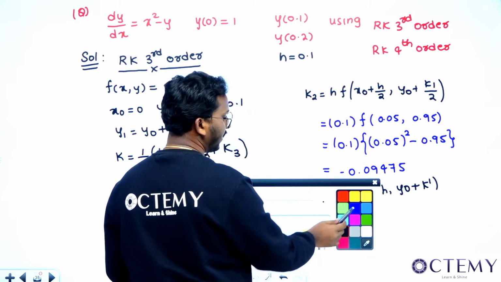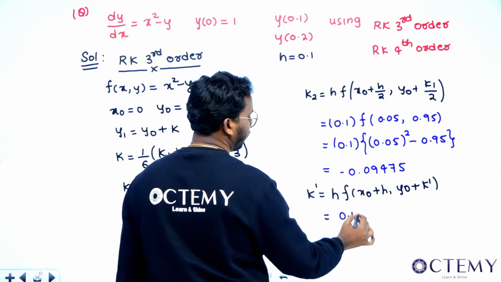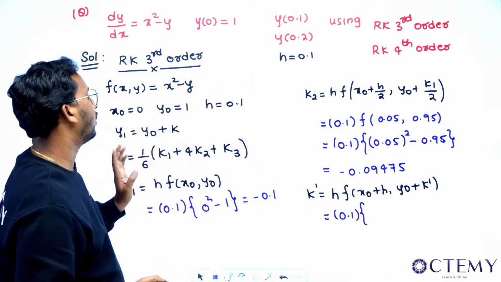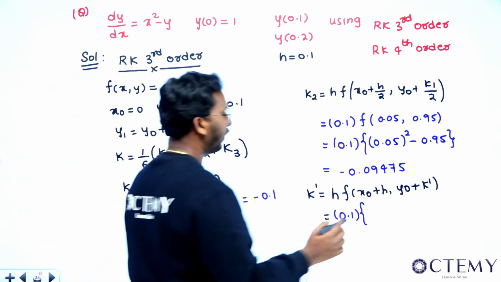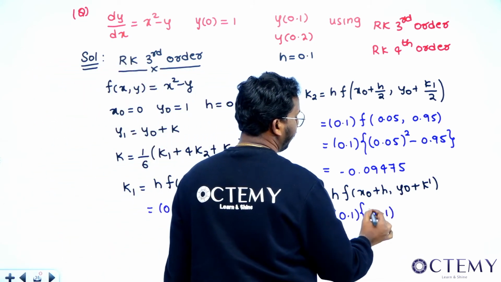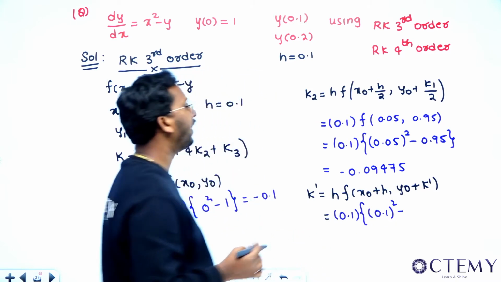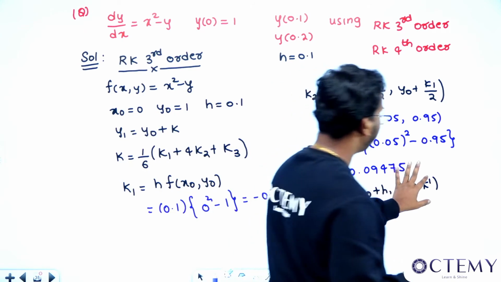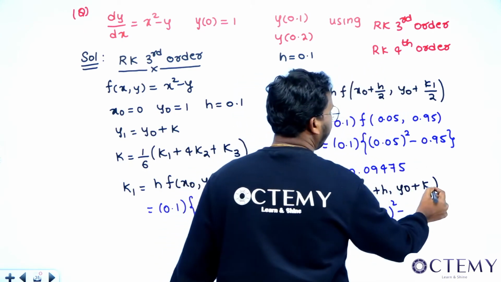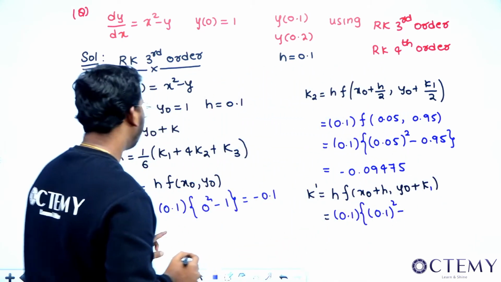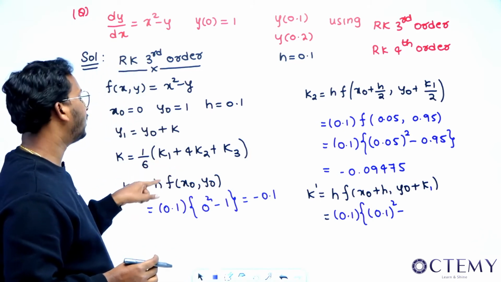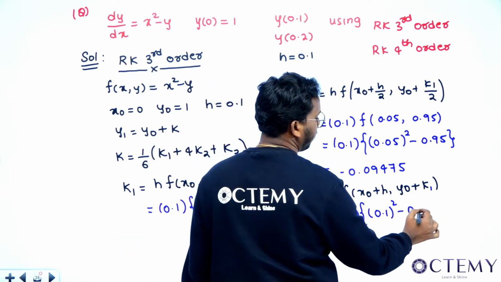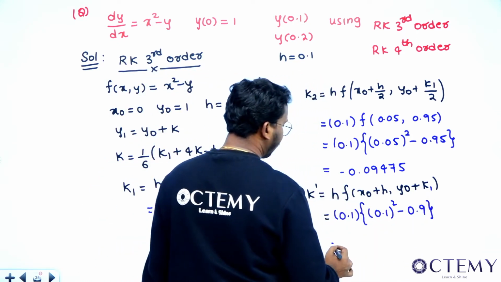The h value is 0.1, x0 is 0, and h is 0.1, so it will become 0.1 into (0.1² − (y0 + k1)). What is y0 + k1? 1 minus 0.1 will be 0.9. So this will become 0.9. If you calculate this, see what you get.